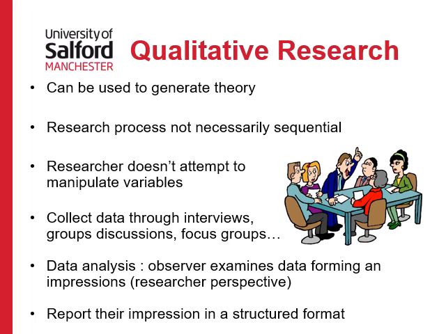Now, people will often use this type of approach to generate theory, and then they'll use the quantitative approach to test specific hypotheses that relate to that theory. So often the qualitative and the quantitative approaches can be used hand in hand.